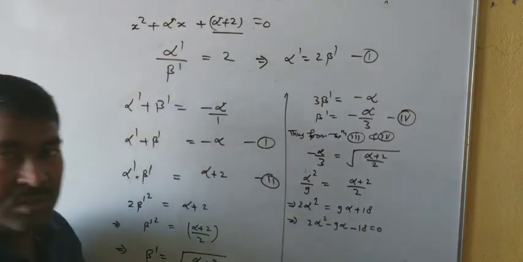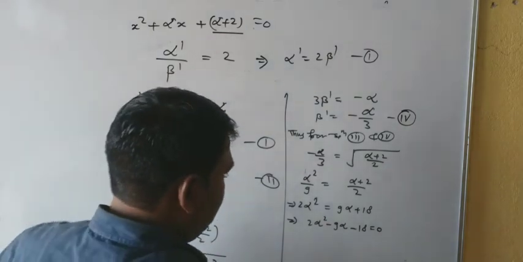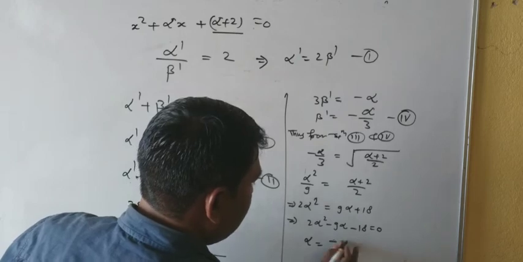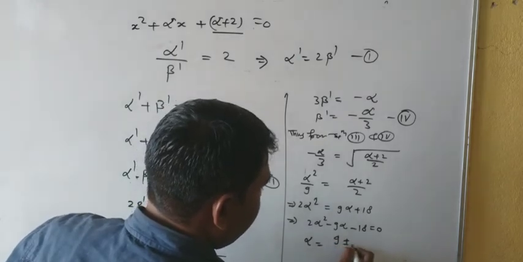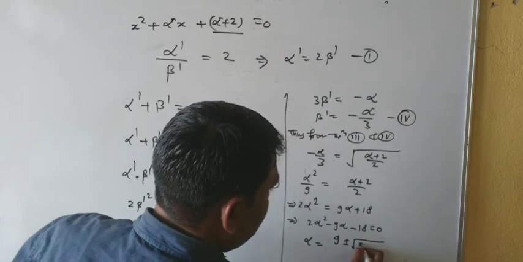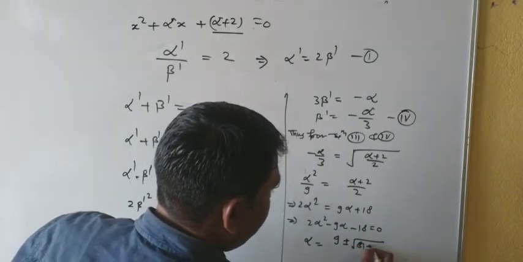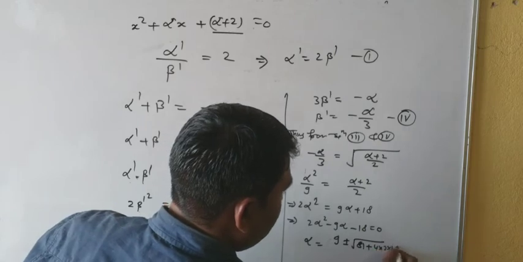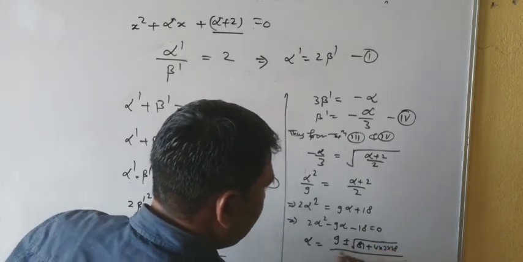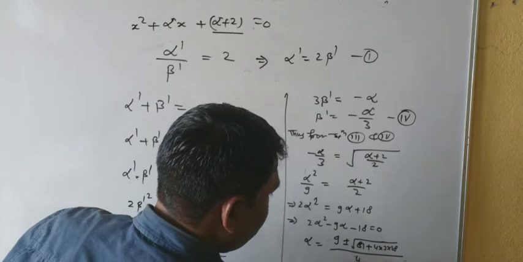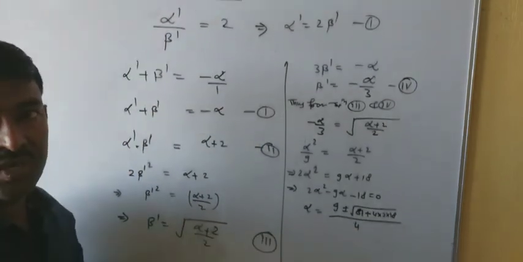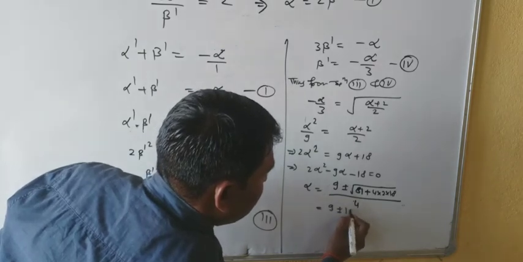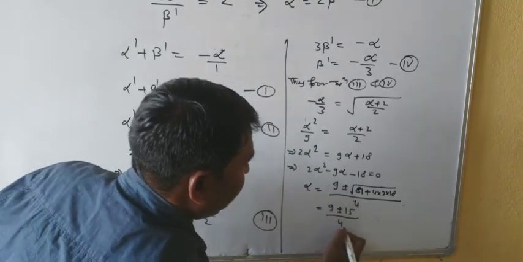Now solving it, what we get? Alpha is equal to minus b, means 9, plus minus under root b square 81 minus 4ac, 4 into 2 into 18, upon 2a, means 4. So finally what we get? We get 9 plus minus 15 upon 4.